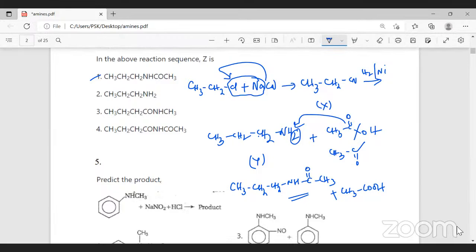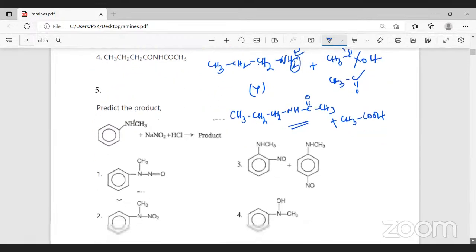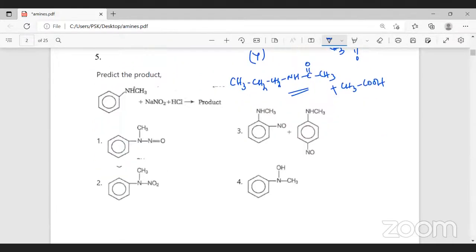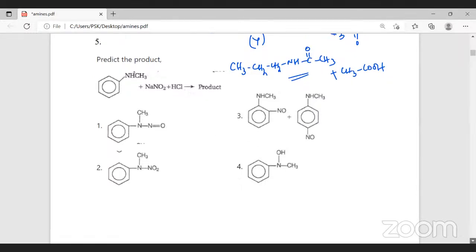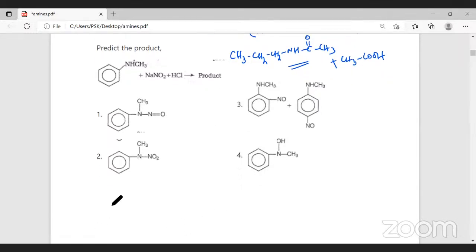The next question, predict the product. Now this is an aromatic amine. It's a secondary amine. When it's reacted with sodium nitrite and HCl, what's the product? Since it's an aromatic amine, we can represent this reaction like this, NH and CH3.